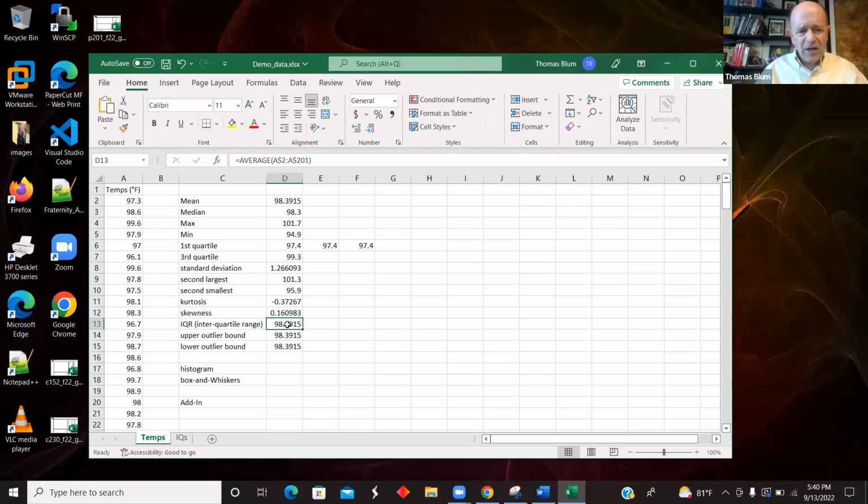Now, the interquartile range is just the difference between the first and third quartiles. The first quartile is the point where, if you put all of the temperatures in order, you have moved through a quarter and have 3/4 left to go.